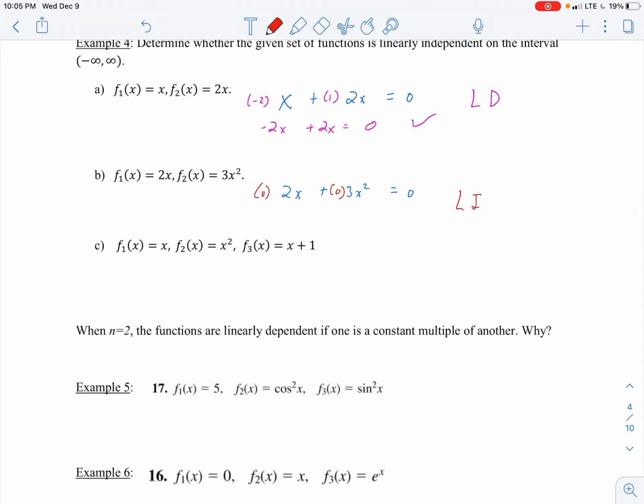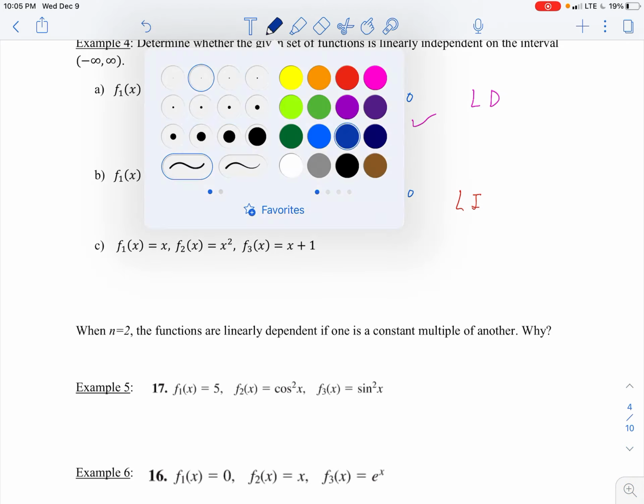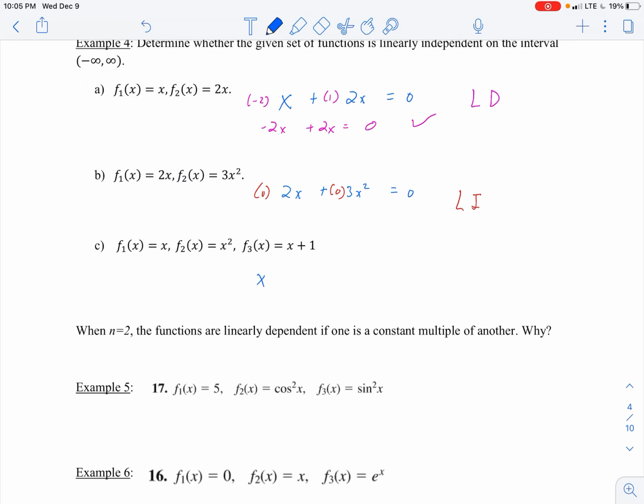LI for linearly independent. C, we have three functions this time. So we're going to add the three functions together. We have x plus x squared plus x plus 1, and that's supposed to equal 0.